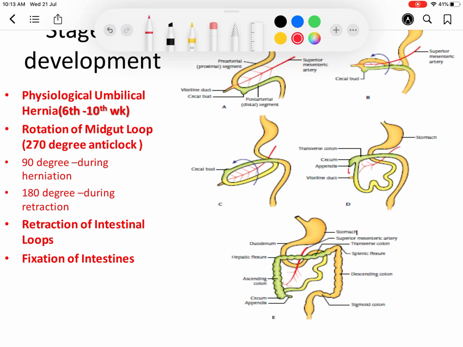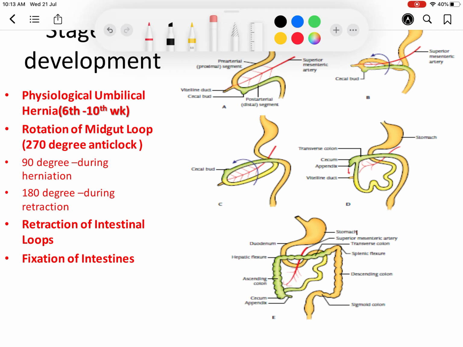The first 90° rotation occurs during herniation, outside the abdominal cavity, in the extraembryonic coelom of the umbilicus, and the rest of the 180° rotation occurs during retraction of the intestinal loop.